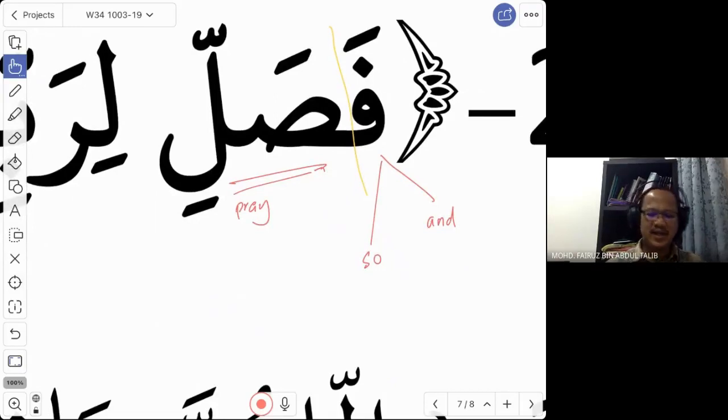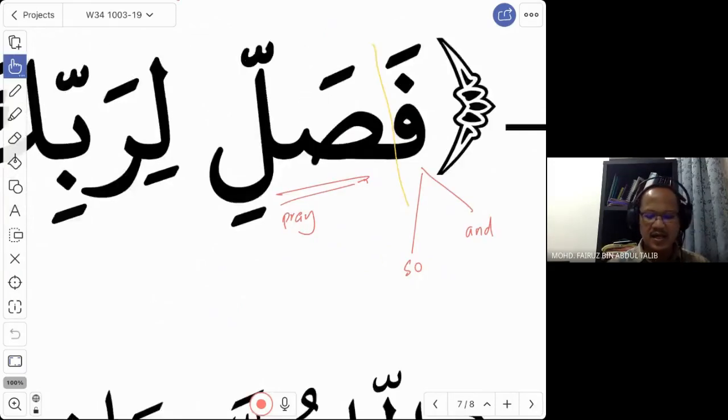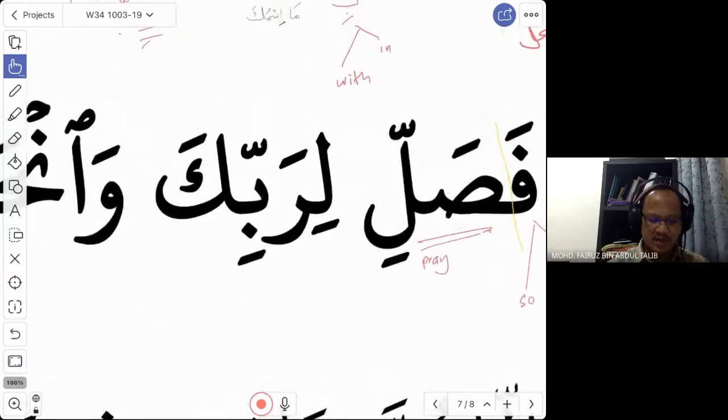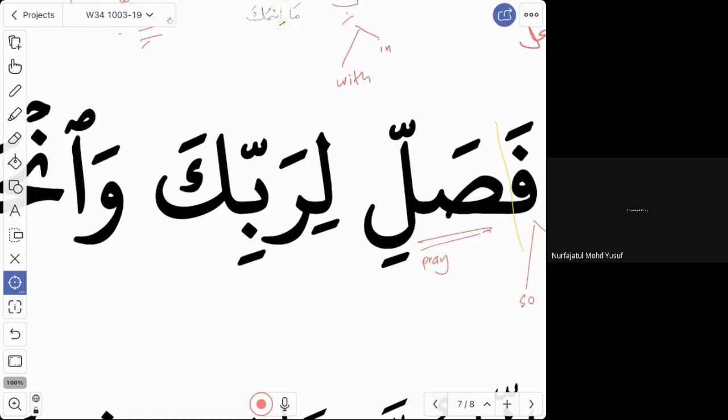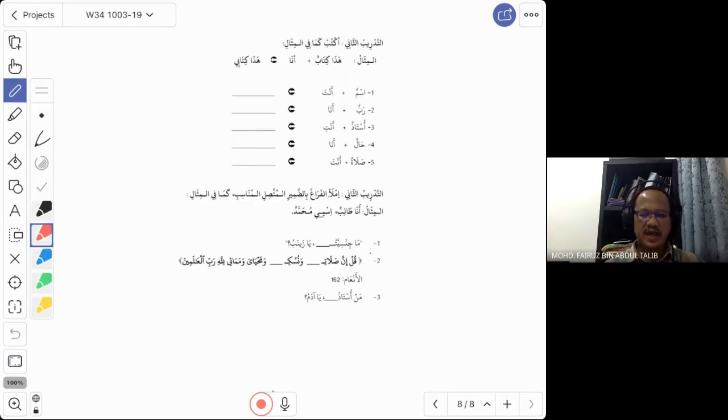Then we have the next word, li rabbika. Now we have three words, not just two. What are the three words here? Li, Rabbi, and Ka.